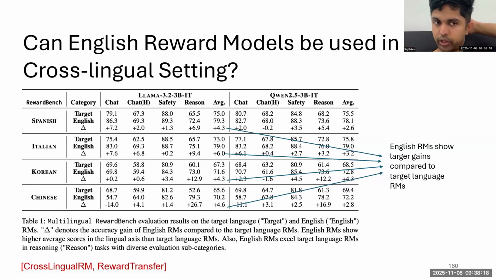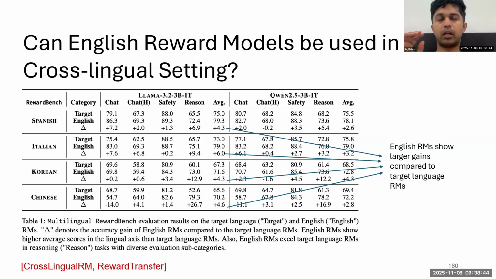And what this slide is showing you, to summarize, is that if you took a reward model that is optimized on Spanish data for reinforcement learning for Spanish prompts, then you might not get the best possible performance as compared to taking a reward model trained on English data for doing reinforcement learning on Spanish prompts.